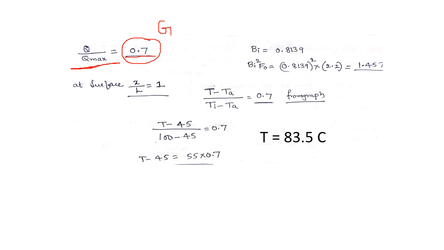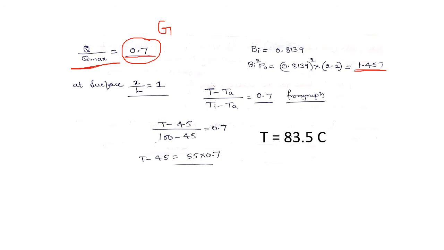On the x-axis we are going to see Biot number squared into Fourier number. So Biot number 0.8139, whole bracket squared, into the Fourier number 2.2 that we calculated from the graph, this will be 1.457. So let me now move to the graph.